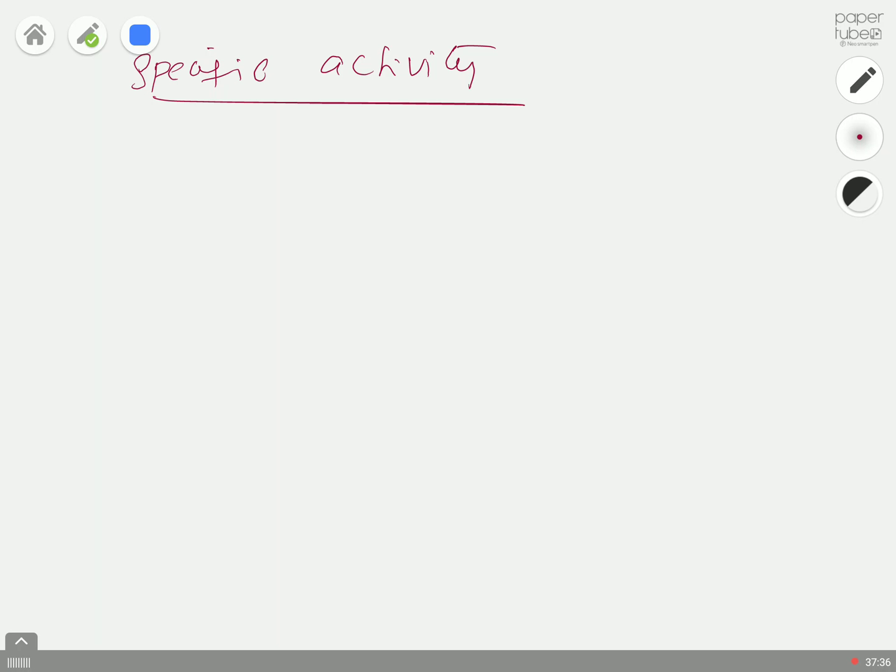And one more thing you should remember is specific activity. Enzymes are highly specific. Say if this is your enzyme, they cannot go and react with any reactant. They can react only with a specific reactant.